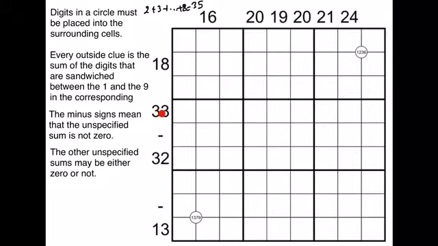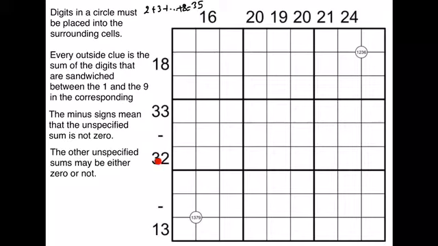It means that only the digit 2 is outside the sandwich on this row, and only the digit 3 is outside the sandwich in here. So what you may have is something with digits 1 and 9 in here, and the missing digit here, or digits 1 and 9 here, and the missing digit here.